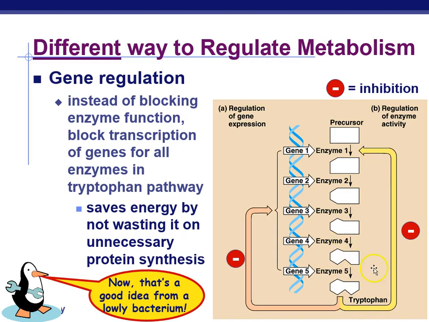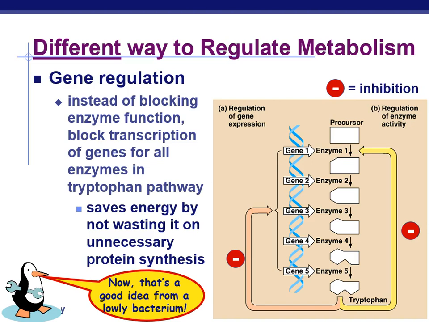Well, so that's kind of a waste of energy in that sense, if you think about it, that you went to all the work to create those enzymes just to let them float around and, well, not do anything. So think about it also in this way. Is there a way to actually block the transcription of those genes so that we don't go to all that work to making those enzymes in the first place if we're just going to block them anyway and let them sit around not doing anything?